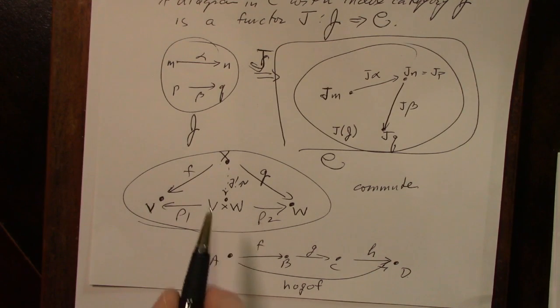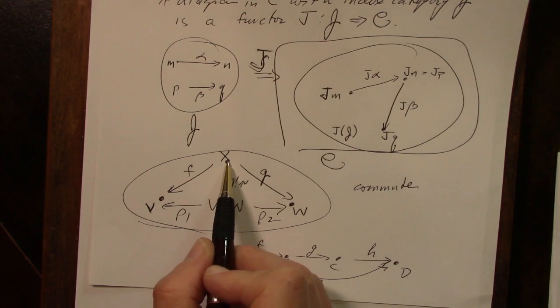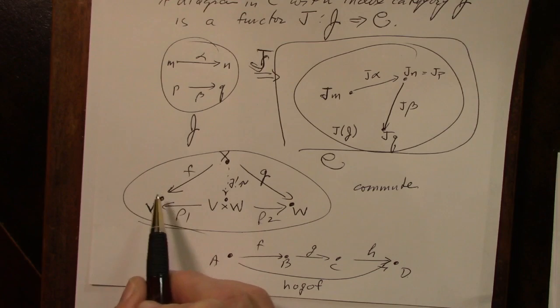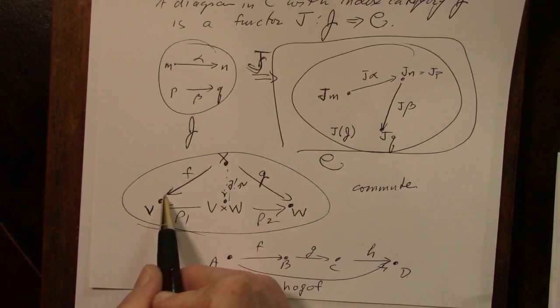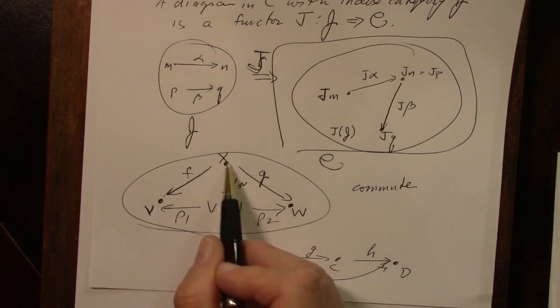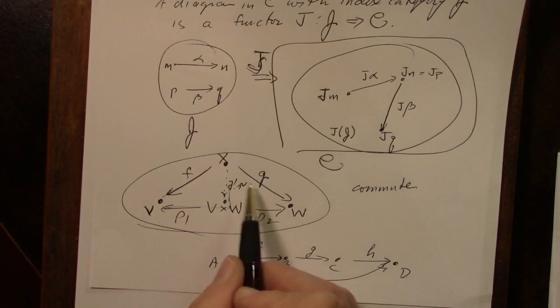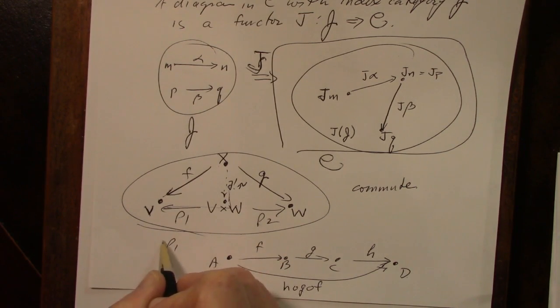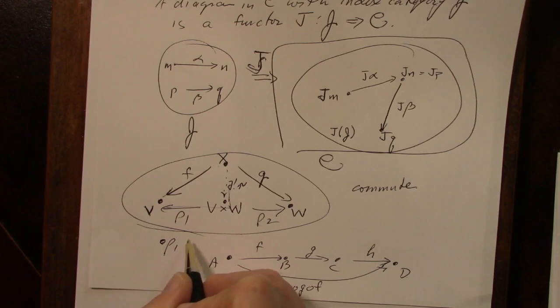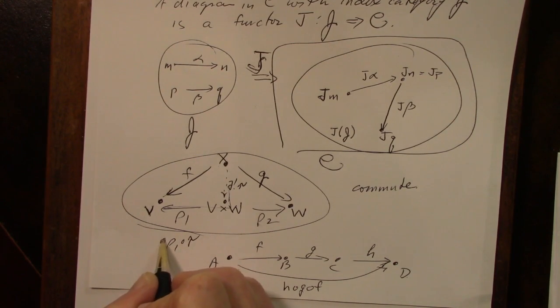So if we start, for example, here at X and we want to go to V, there are two different paths. One is just this one arrow path labeled F. The other is this path here, which would be labeled rho 1 composed with tau, first tau, then rho 1 this way.